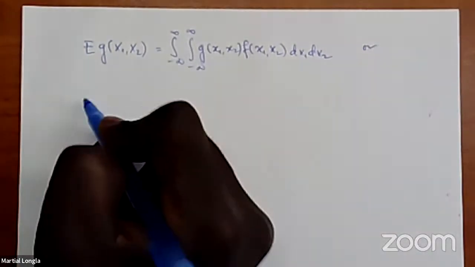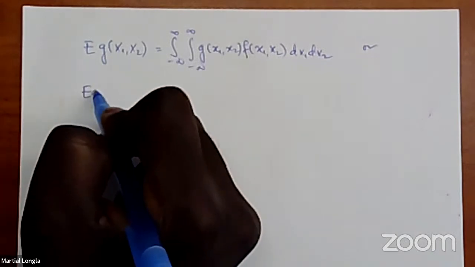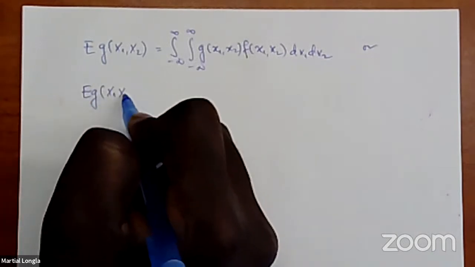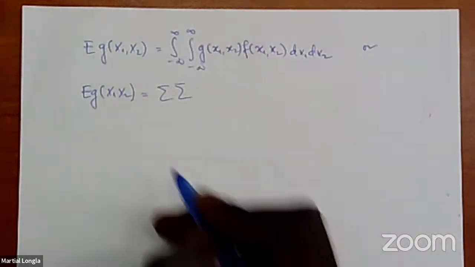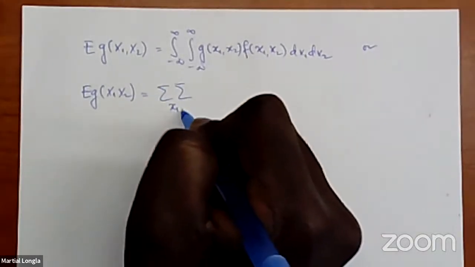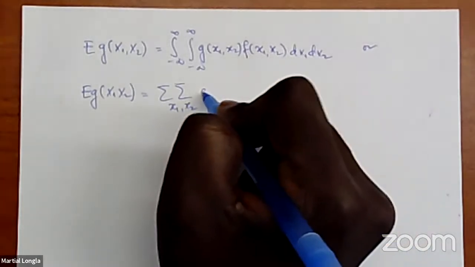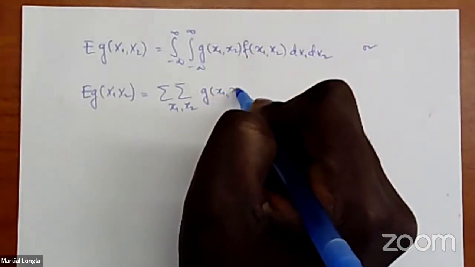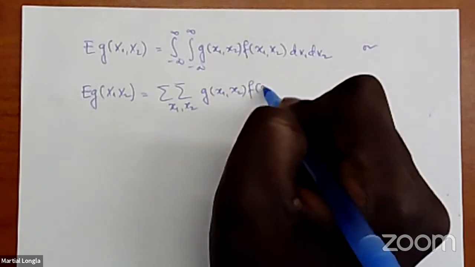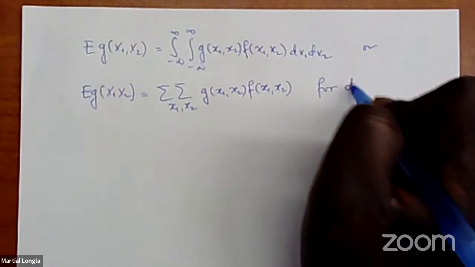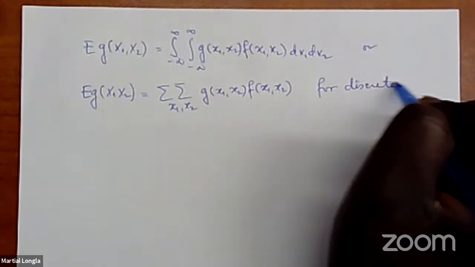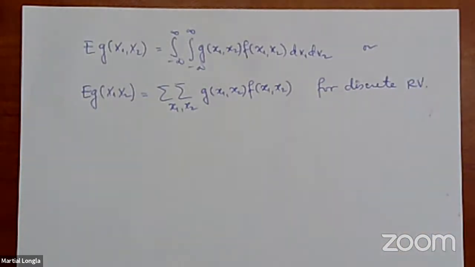Or for a discrete random variable, the sum over all x1, x2 of g of x1, x2 times the joint probability mass function for discrete random variables.